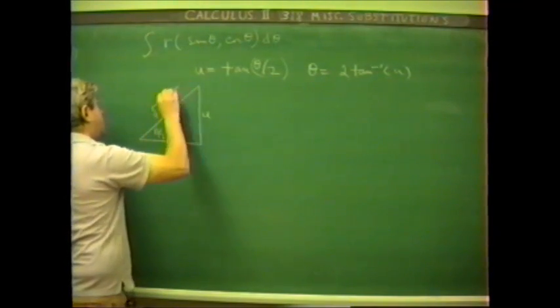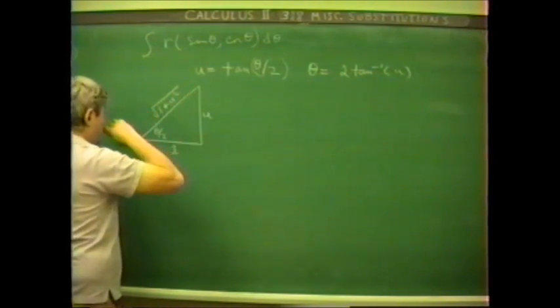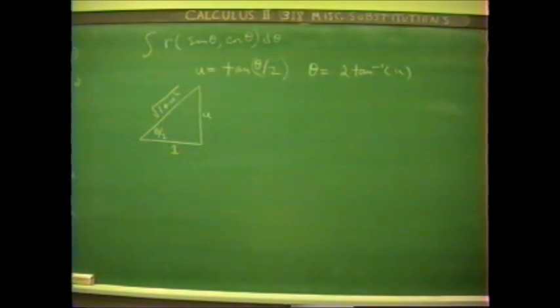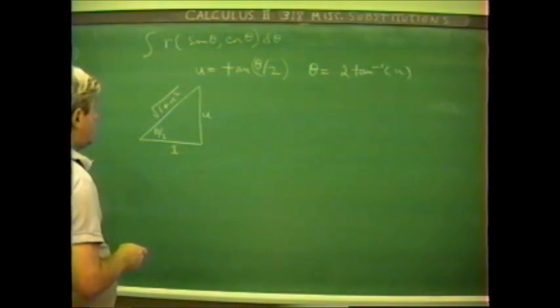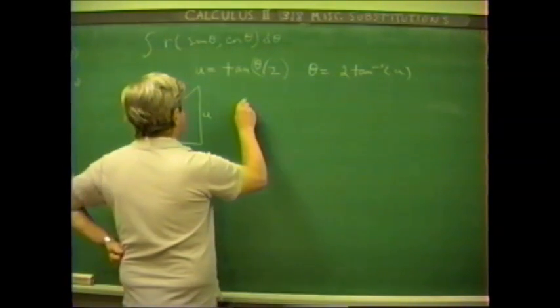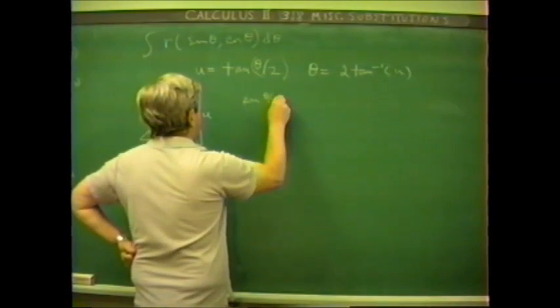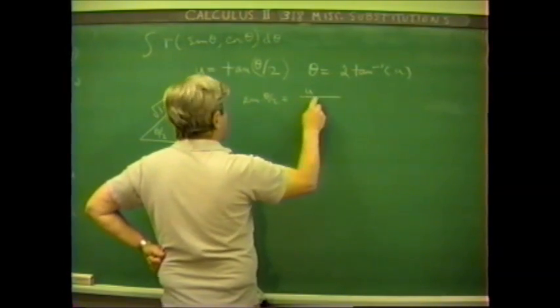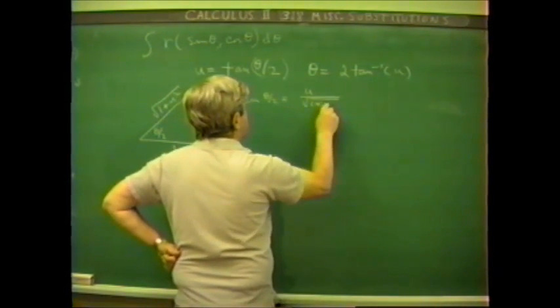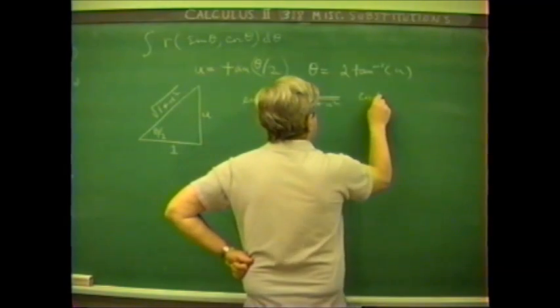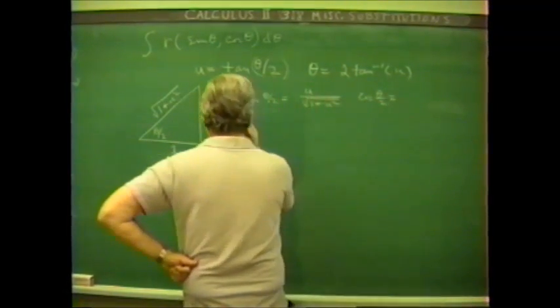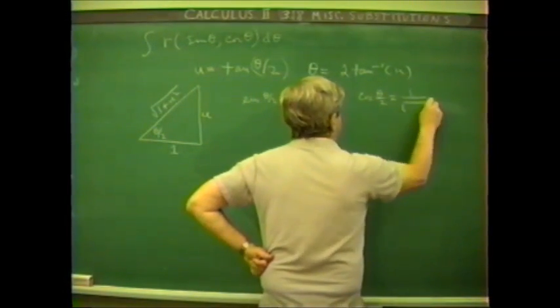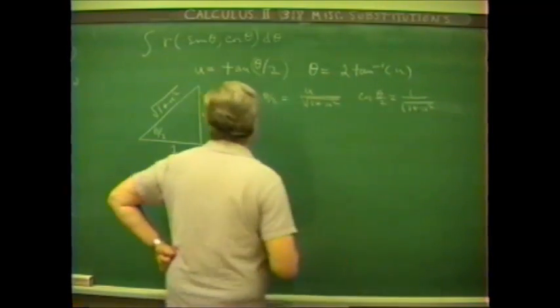The other side here is square root 1 plus u squared. So we get sine theta over 2 is u over square root 1 plus u squared. Cosine theta over 2 is 1 over square root 1 plus u squared.